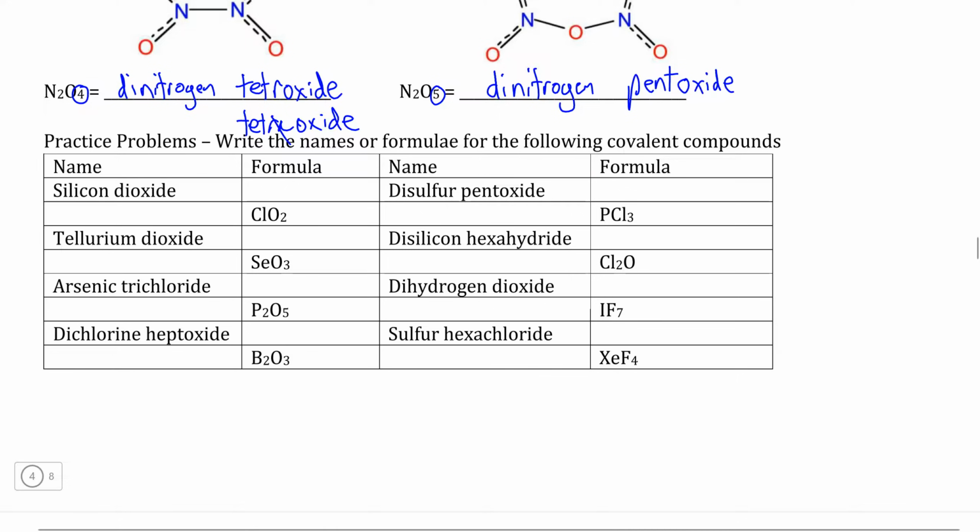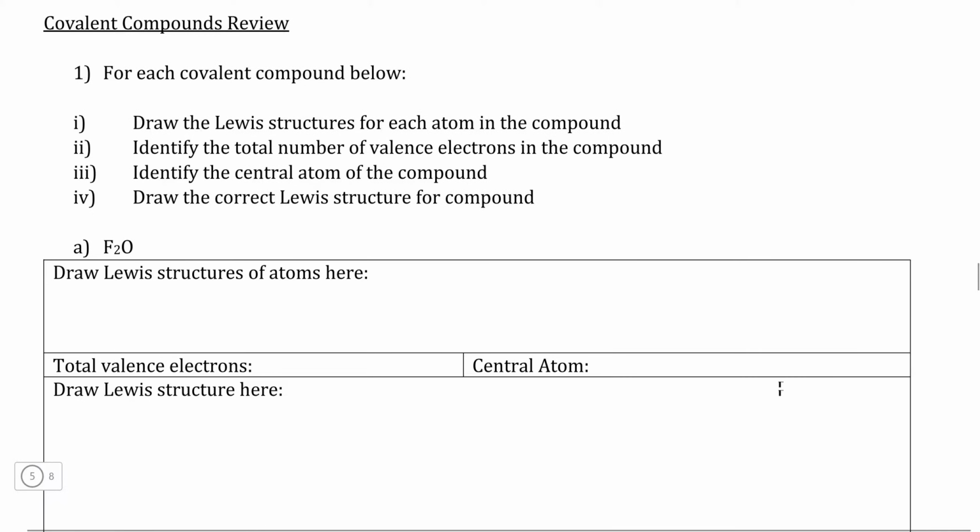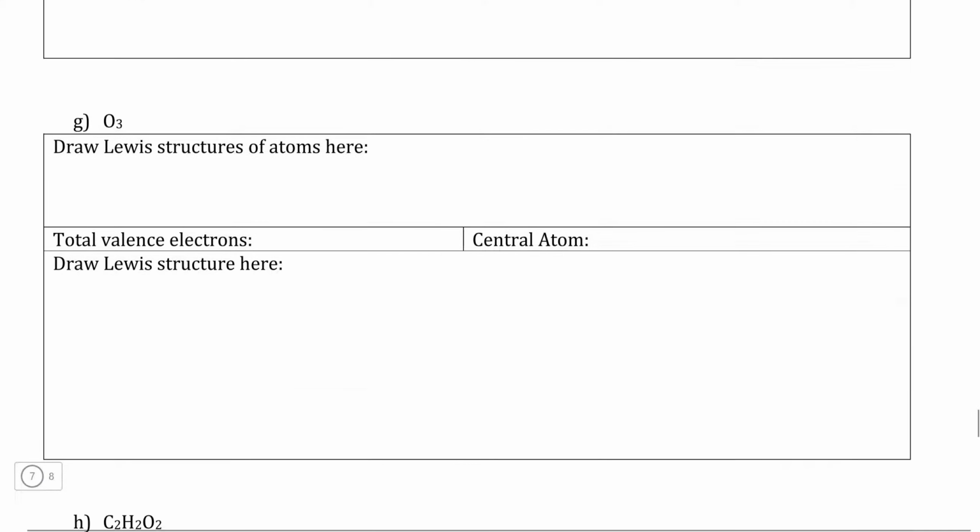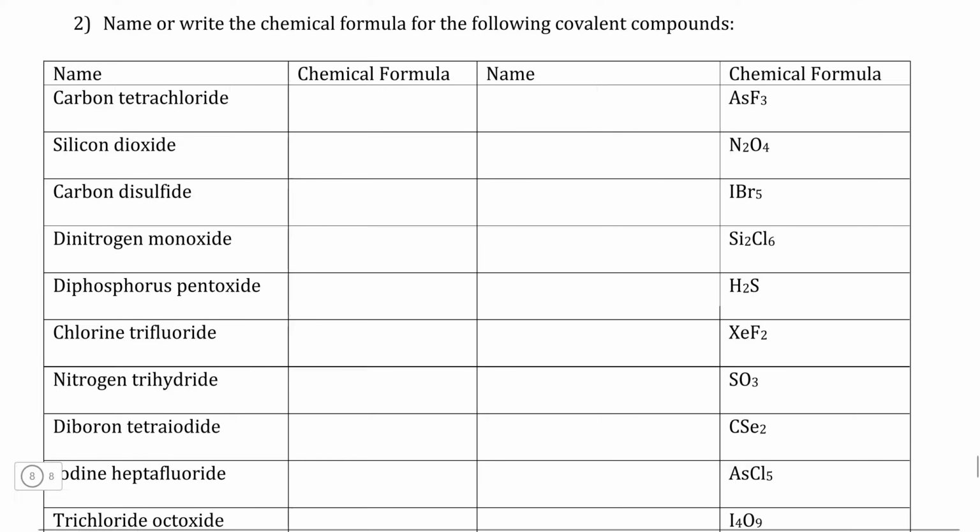This actually concludes this part of the video series on covalent compounds, and once you test your knowledge of naming covalent compounds using numerical prefixes, you can take a look at the practice problems below, which will review your knowledge of how to construct Lewis structures of covalent compounds, including how to count valence electrons, how to determine the central atom, and how to draw the Lewis structure of the compound, and at the end, you can test your knowledge on a little more covalent compound naming, and you can join us in the next series of videos which will look at chemicals when they react with one another.